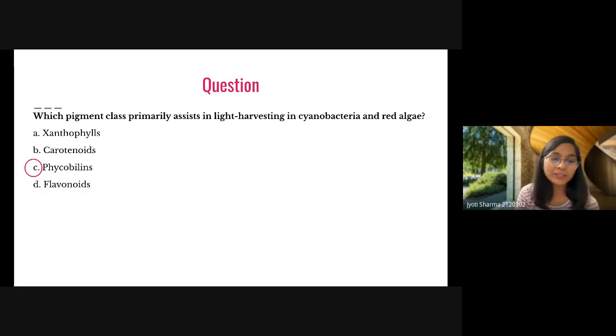Xanthophylls and carotenoids are in a normal green plant, but in cyanobacteria and red algae, along with chlorophyll, we have another pigment that can increase the efficiency of taking light, and this is phycobilins.